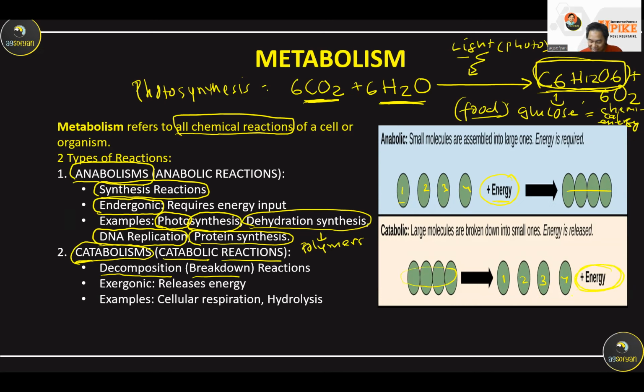This is why it is called exergonic. Exer is exit, ergonic is energy. So energy is released or exits from the reaction. Catabolism, the decomposition reaction, will release energy. Anabolism, the synthesis reaction, will require energy.